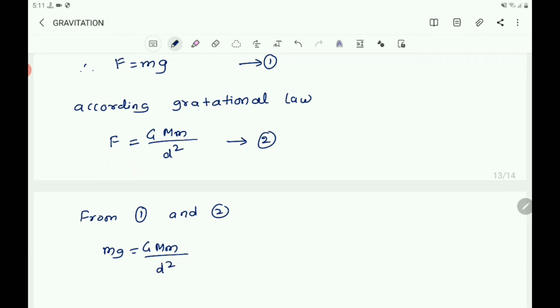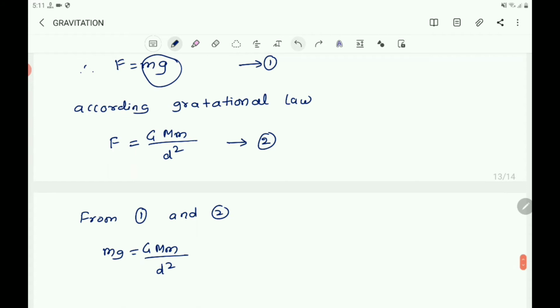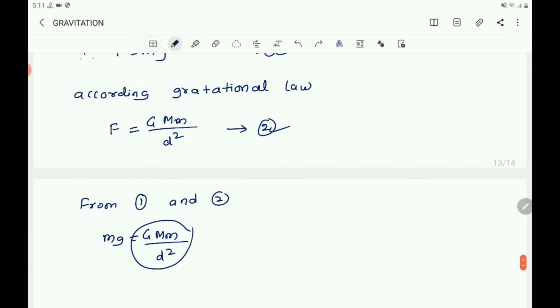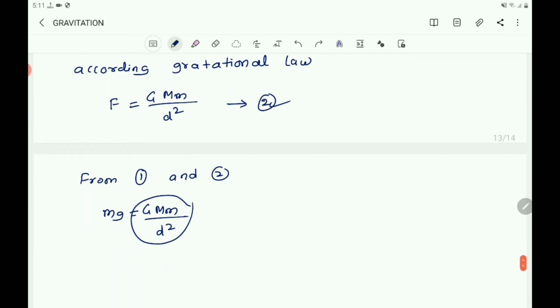Here F equals mg we have taken in the LHS, and F equals G M m by d square we have taken in the RHS.